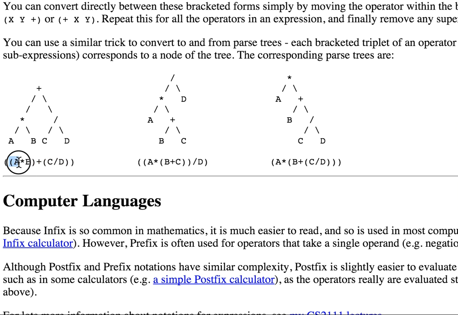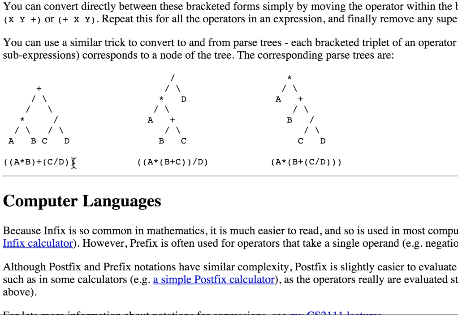We know that a times b should be calculated first, and as you see here, this is at the bottom level. Then it says addition, but before the addition, c divided by d should be calculated first.